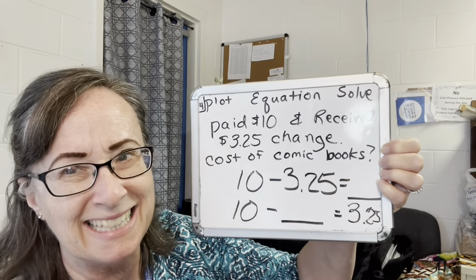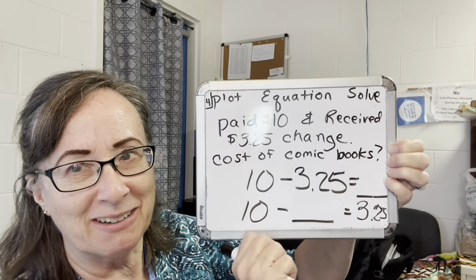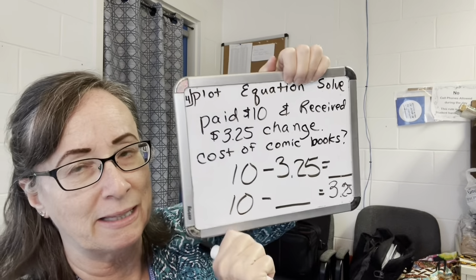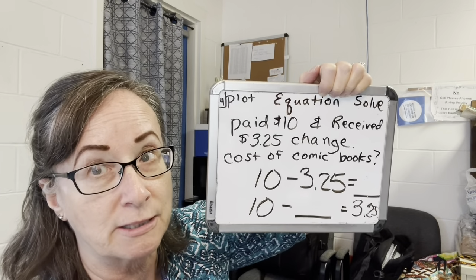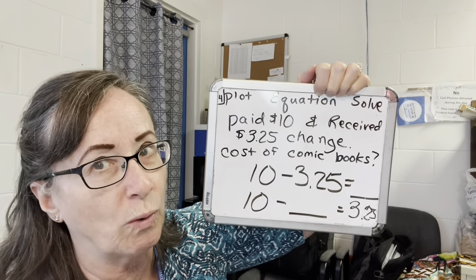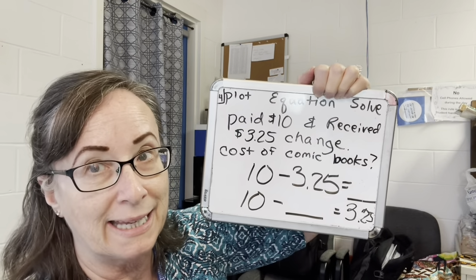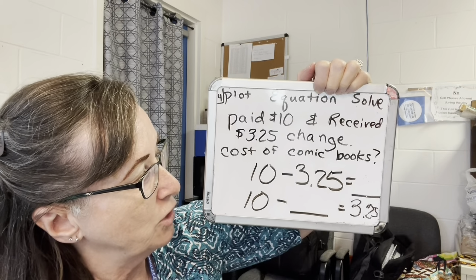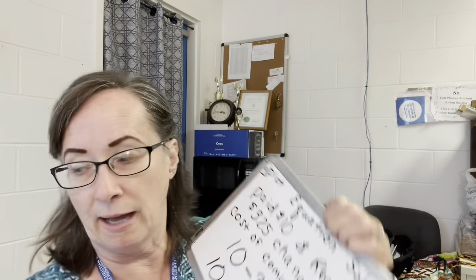Okay, which one's easiest though? Isn't that what we're looking for? We're looking for the difference between them, and that's going to be the answer. Cost of the comic books is what we're looking for. So we're going to take the $10, subtract what he had left, and then we would find what he spent. Okay, so how do we do 10 minus 3.25?